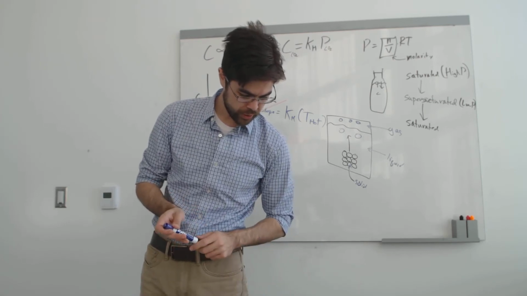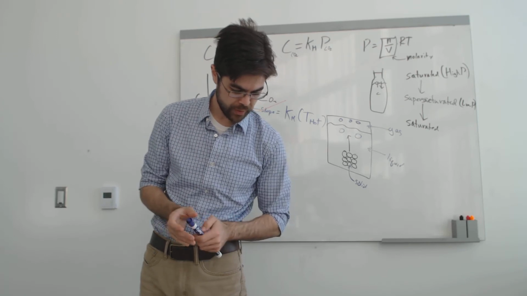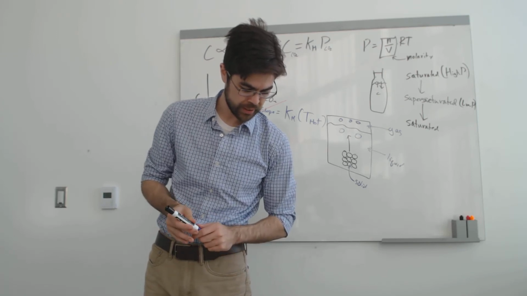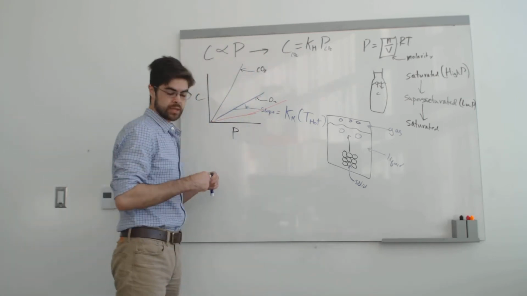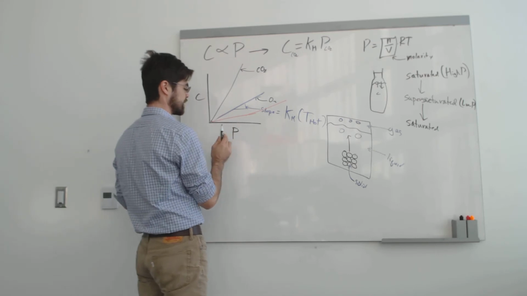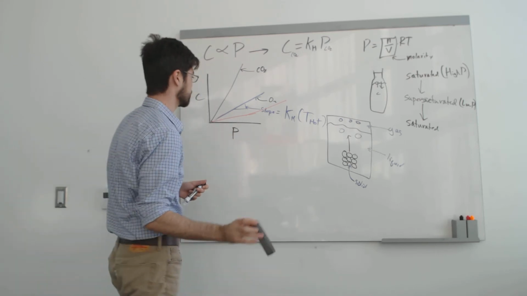Why is sodium bromide the most challenging to make a supersaturated solution? In that particular context, the reason why it was the most difficult was because, I'm going to change my chart a little bit.